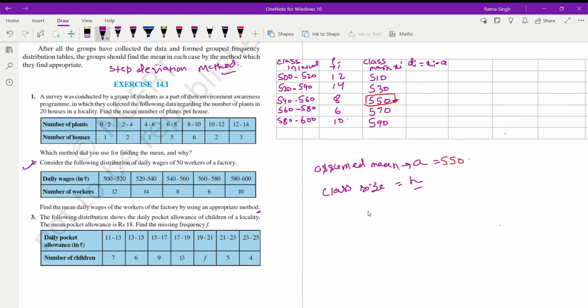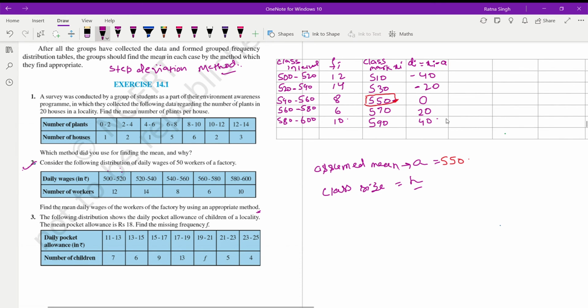So we'll just subtract 550 from this 510, and it is minus 40. For the second one it will be minus 20, for the third one it will be 0, for this it will be 20, and for this it will be 40.